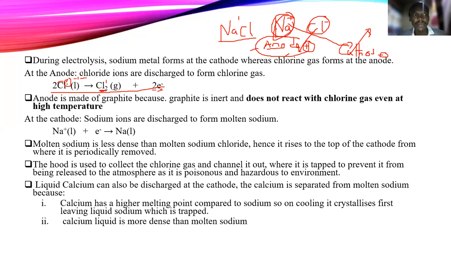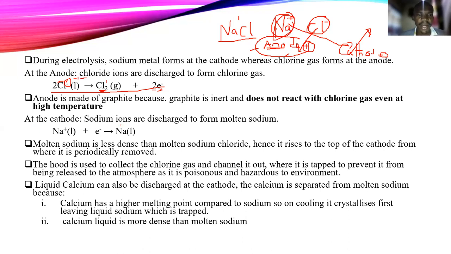The chloride ion has been oxidized to form chlorine gas. So that is why we say that at the anode is where the oxidation takes place. The anode is made up of graphite because graphite is inert and does not react with chlorine gas even at high temperature. Very good.